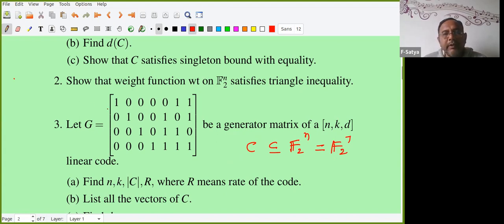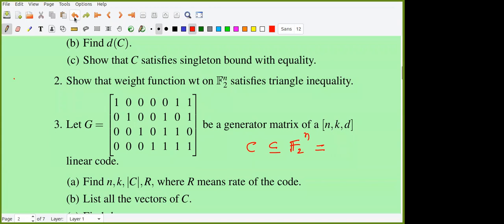So this is one code word, this is another code word, this is another code word. All linear combinations of them are also code words. Are these four linearly independent? Yes, they are linearly independent.